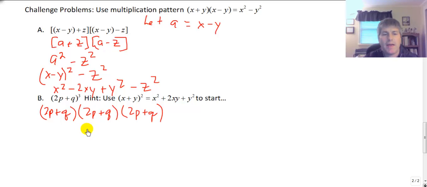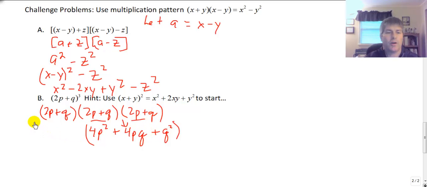If we remember our pattern, x squared plus 2xy plus y squared, well, 2p quantity squared, that's 4p squared, and 2p times q times 2 is plus 4pq, and plus q squared. So I've taken these 2 binomials and they have become that trinomial by using our pattern.